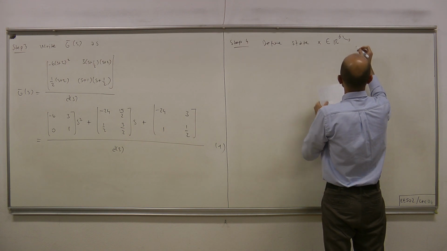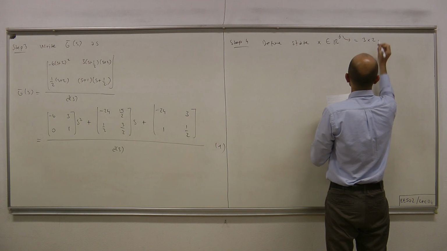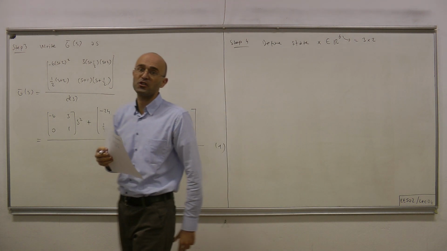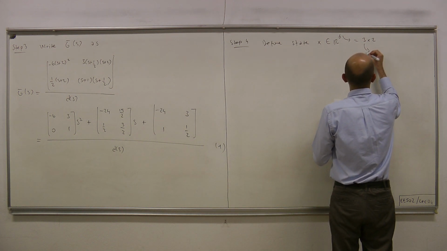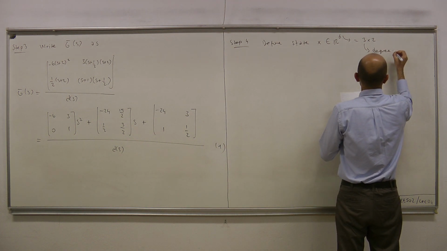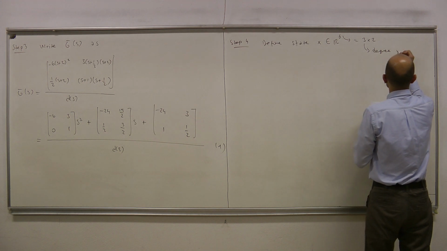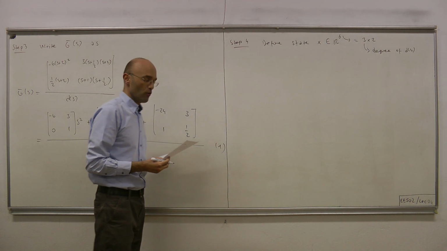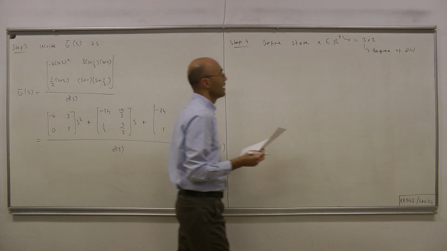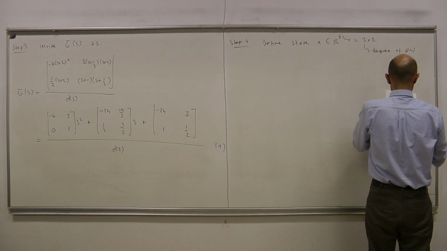It's 6, and 6 equals 3 times 2. Okay, what's 3 and what's 2? 3 is the degree of our common polynomial, d of s, and 2 is the number of inputs.